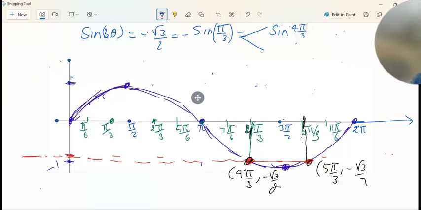See, this is 4 pi by 3. And the other one is 2 pi minus this reference angle, which is 5 pi by 3. So you have two answers. Right? So your 3 theta is 4 pi by 3.